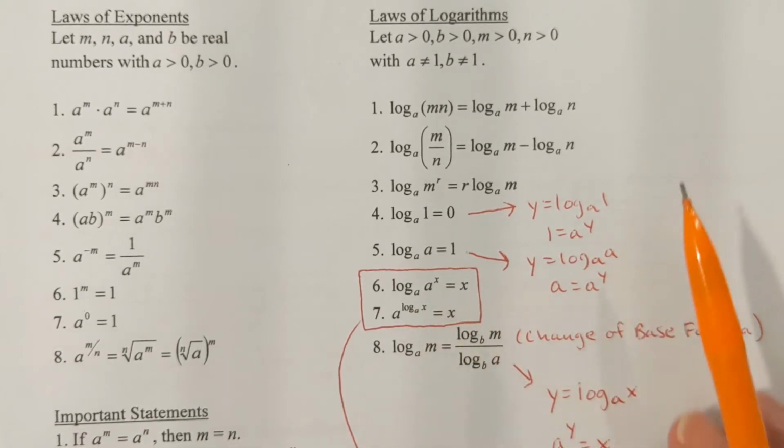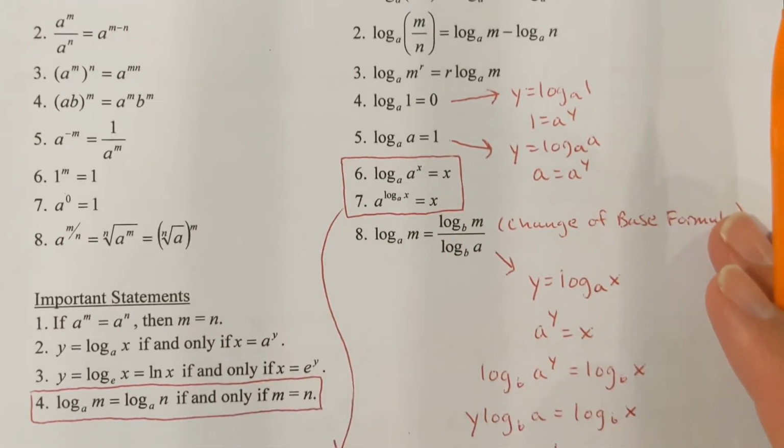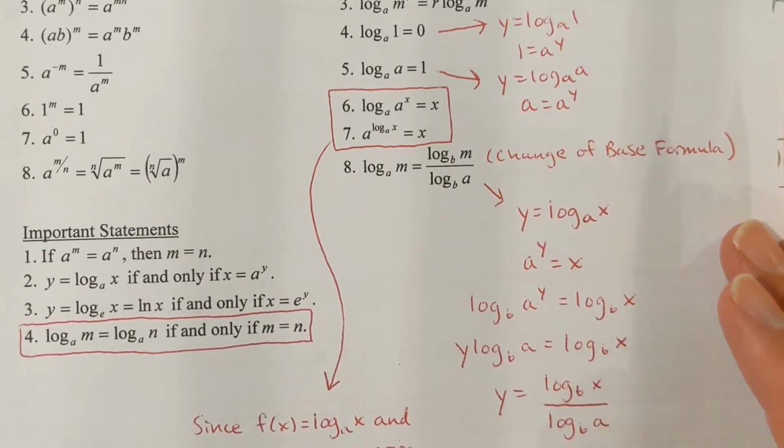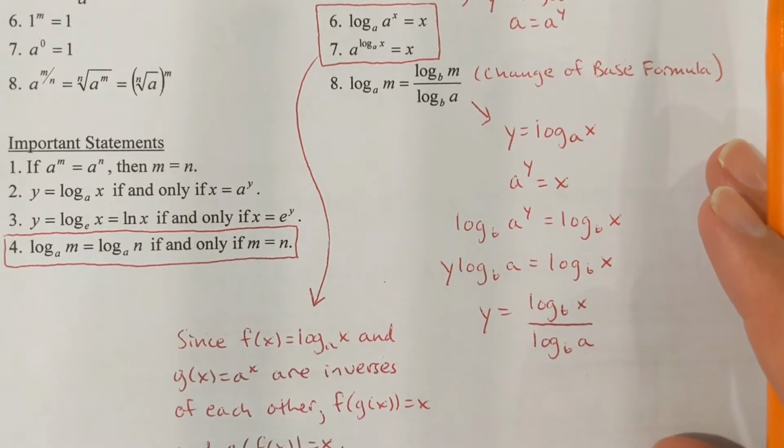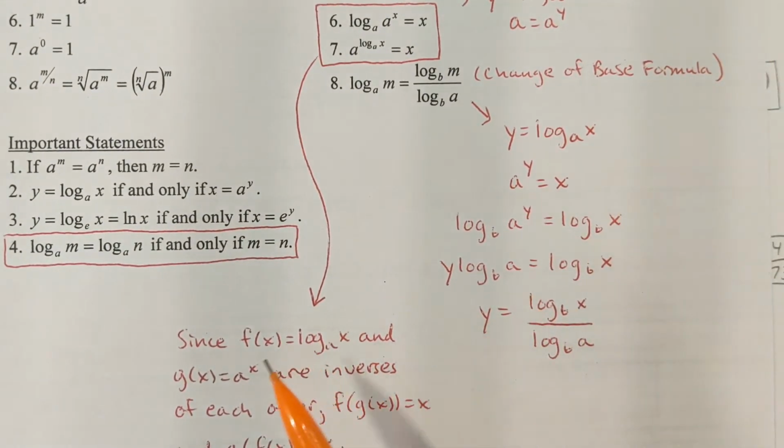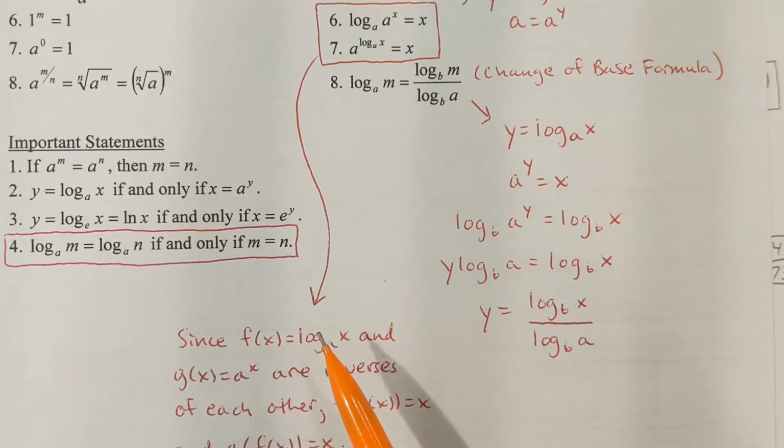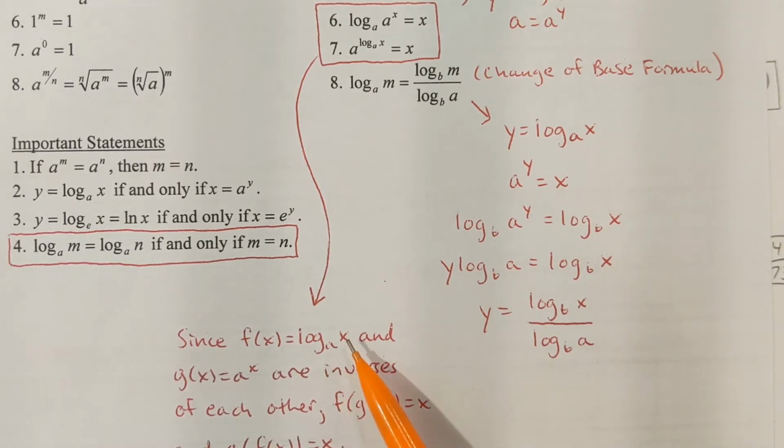Laws 6 and 7 kind of go hand in hand by understanding that an exponential and a logarithm are inverses of each other. Okay, if I have y equal log base a of x and y equal a to the x, those two functions are inverses of each other.